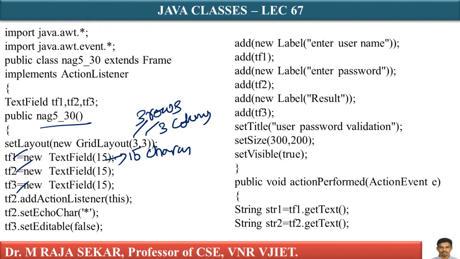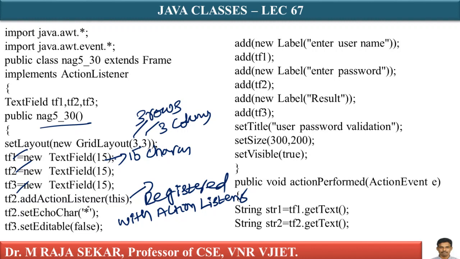tf2.addActionListener(this). What is the meaning of this? Text field tf2 is registered with the action listener. Then tf2.setEchoChar('*').